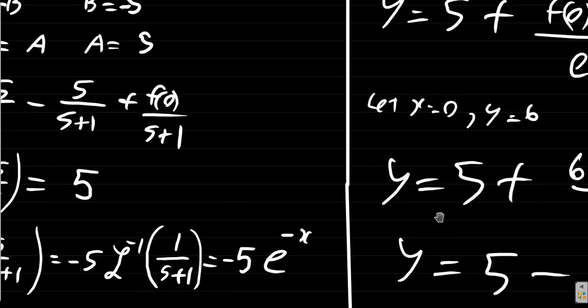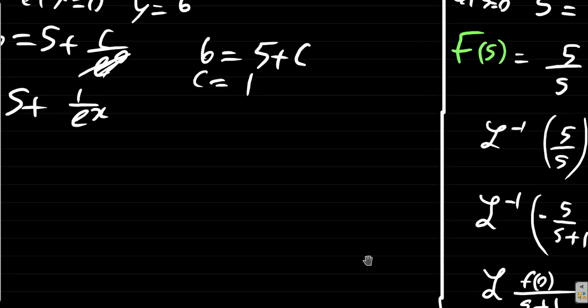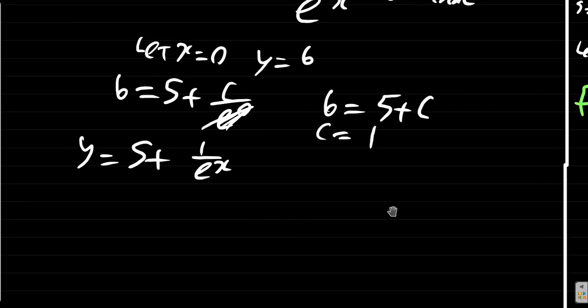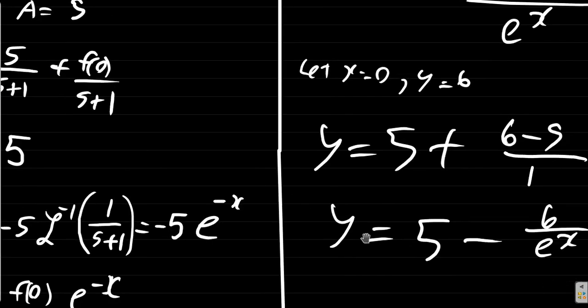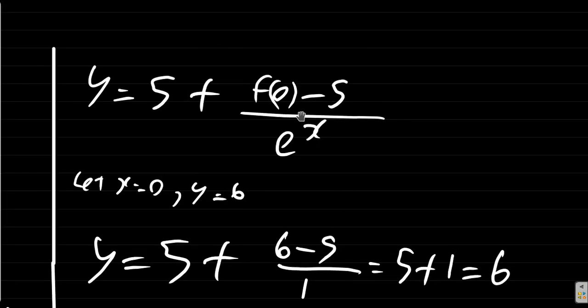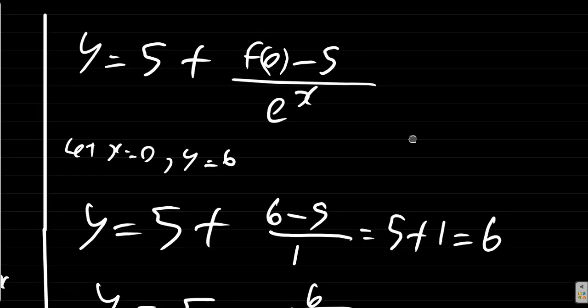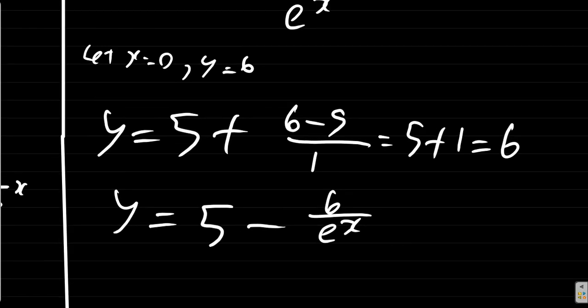In this case, it turns out to be 6 over e to the x. That's the particular solution. So let's compare them. Oh no, not 6 over e to the x, my mistake. f of 0 is 6, so 6 minus 5. 6 minus 5 is 1, so it's 5 plus 1, which is 6.